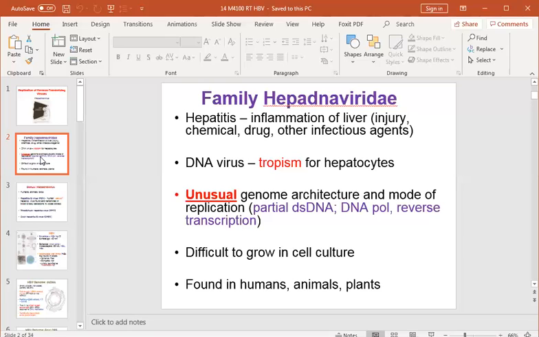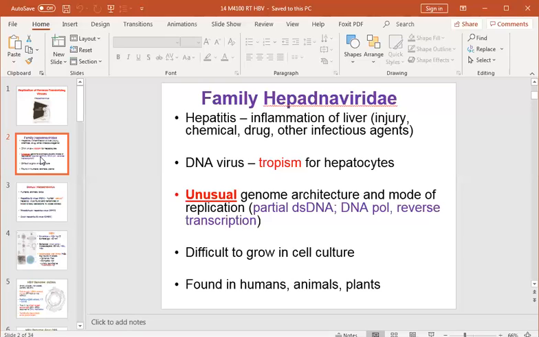The genome structure and mode of replication of the Hepadnaviridae family of viruses are unusual because this family of viruses contain partial double-stranded DNA and have DNA polymerase, and they use reverse transcription.